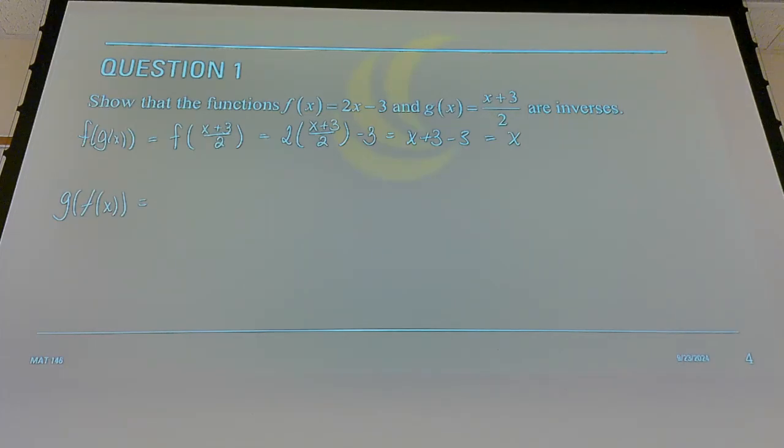g of f. Look in the definition of g, replace x with 2x minus 3. It's 2x minus 3, not plus 3. Negative 3 plus 3, that's 0.